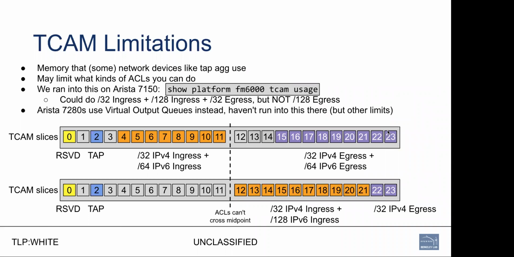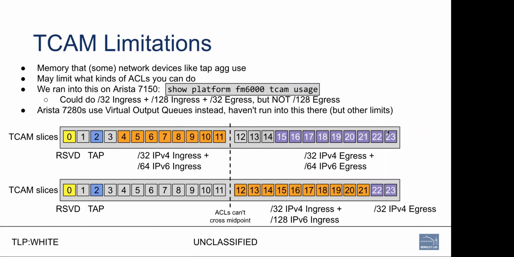But one challenge with ACLs is you might run into TCAM limitations, which is something that we ran into on the previous model of Arista switches that we were using, the 7150 line. Basically, TCAM is a type of memory used by some network devices for things like ACLs, and what it ultimately did was it limited what ACLs we could use.